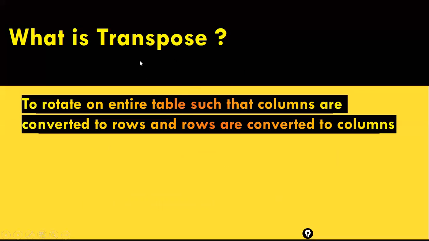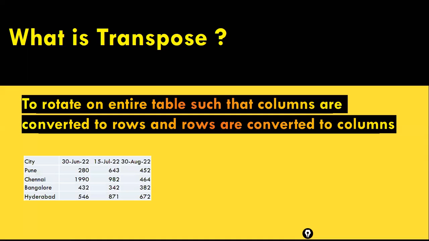What exactly is transpose? To rotate an entire table such that columns are converted to rows and rows are converted to columns. If you want to convert from columns to rows and rows to columns, then you can go for transpose. For example, this is the data set, and in this case, each city we stored the data row wise, Bangalore, Chennai, Pune, date wise, right?